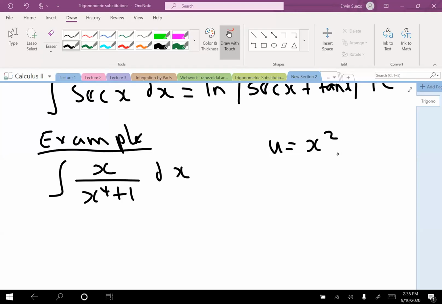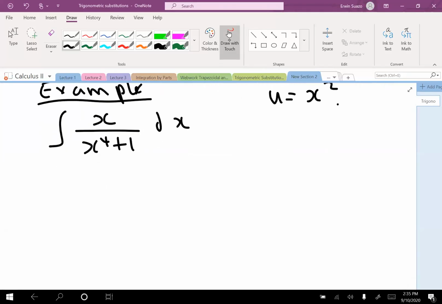Okay, so what do we do? We go integral, and instead of, okay, what will be du? Somebody give me an answer. Somebody said arctangent x plus c. Oh, arctangent x squared, yes. Francisco Patiño, good.